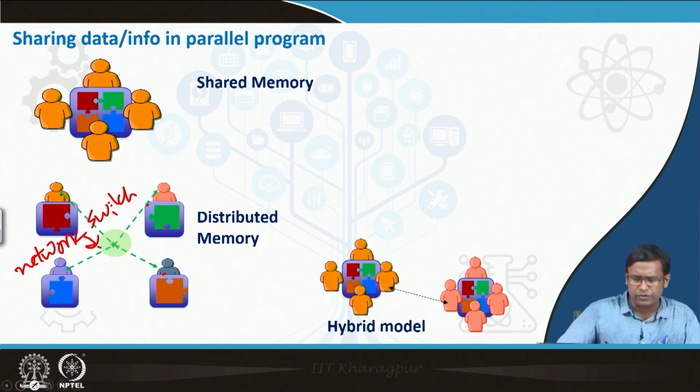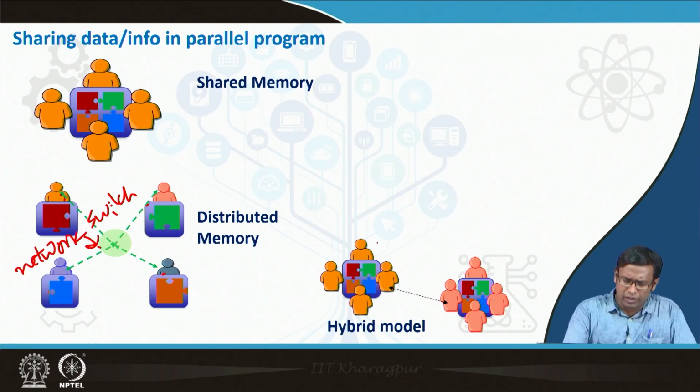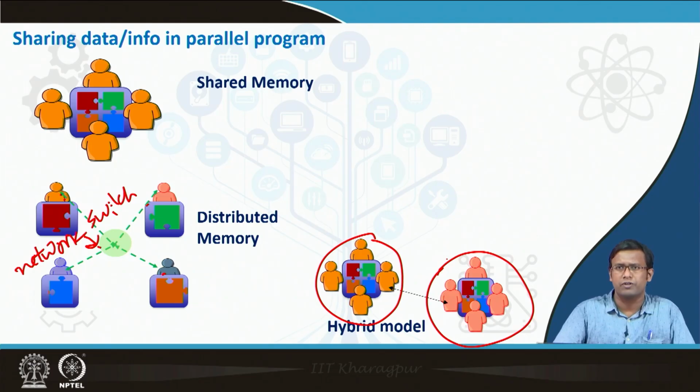The third one, which we will actually not discuss in this course, but which gives us a route to very large scale supercomputing exercises, is a hybrid model where there are different shared memory processors, different symmetric multiprocessors or different shared memory computers, where there is a single memory shared by multiple processors, and these different shared memory processors with their different local address space, local data set, are connected to each other, again via something like a network switch.